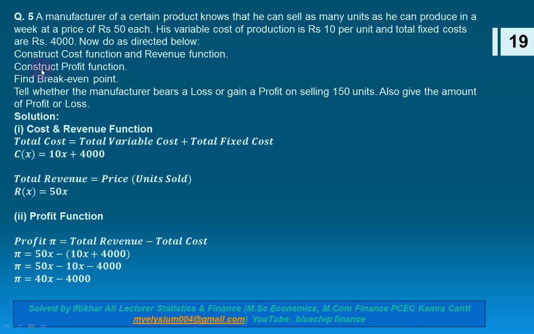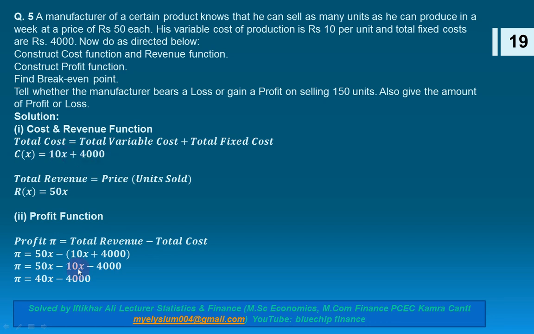Second, he is saying construct the profit function. Profit is always equal to total revenue minus total cost. So total revenue is 50x and total cost is 10x plus 4,000.